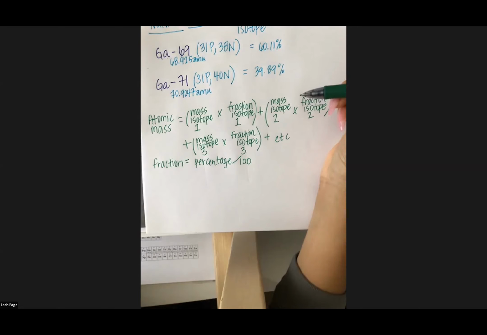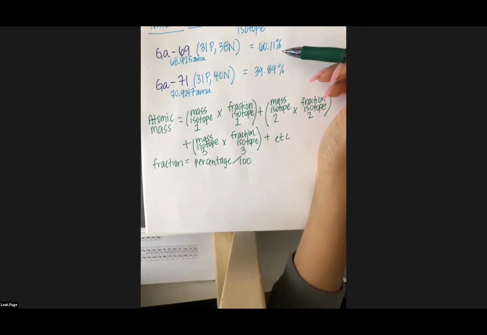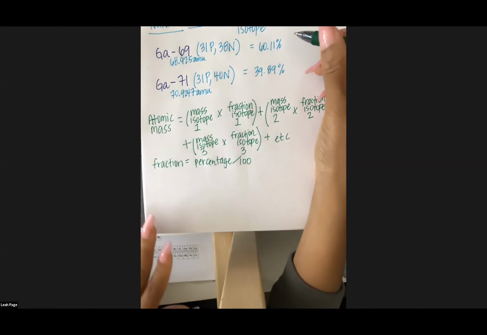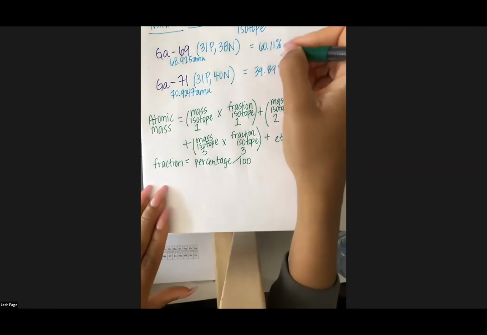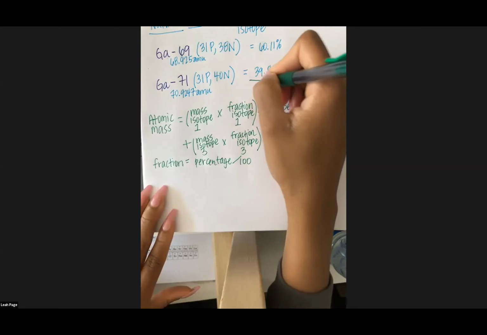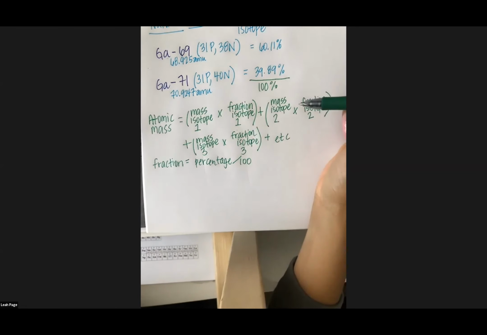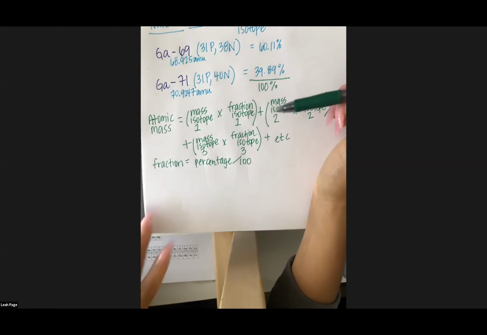When you add up any percentages, what should they add up to? 100%. Thanks, guys. So when you add these two numbers together, it should equal 100%. If you're missing a percentage in one of your questions, just subtract all the ones you have to get the last percentage, because we know it's going to add up to 100%.